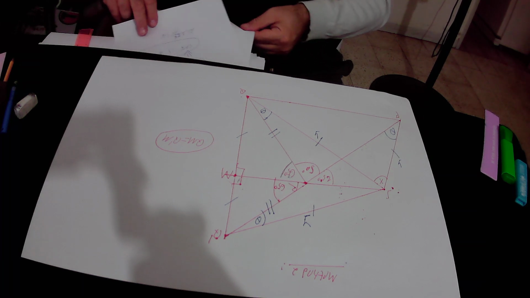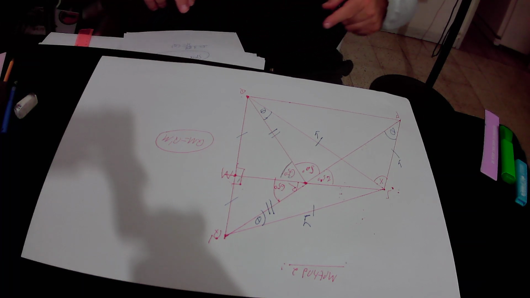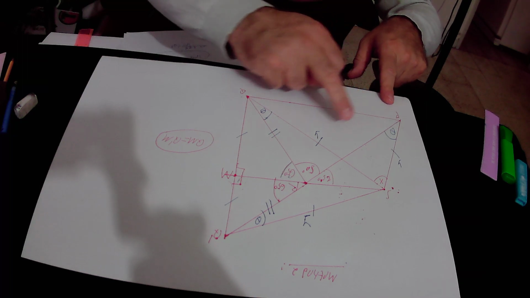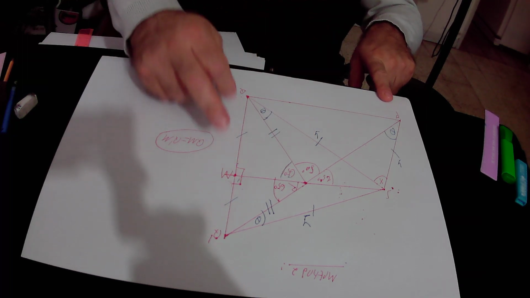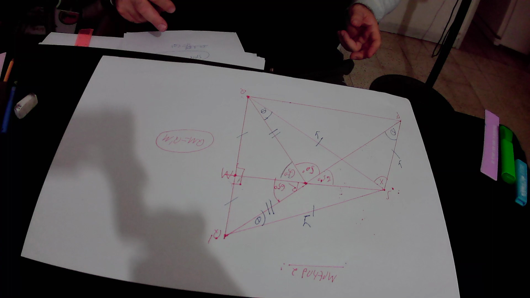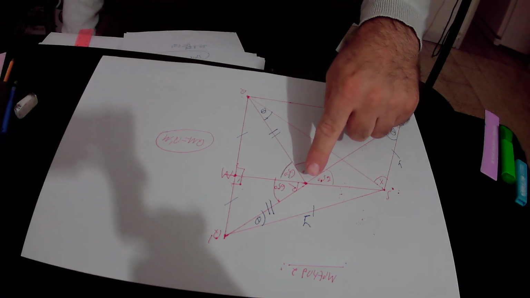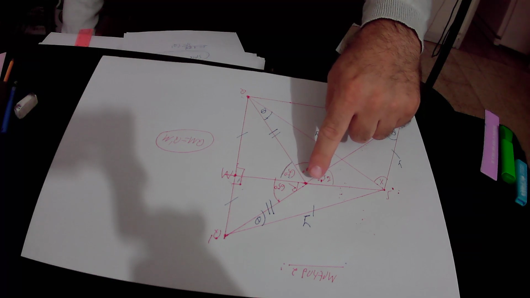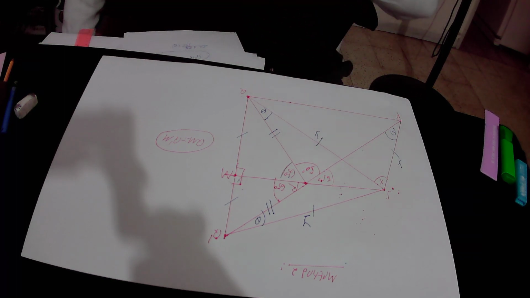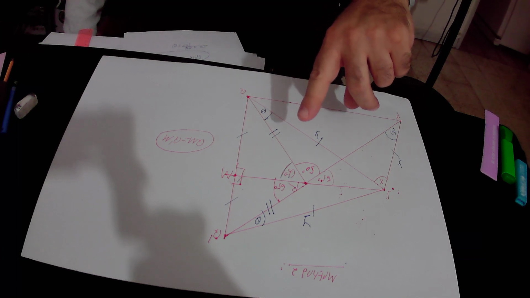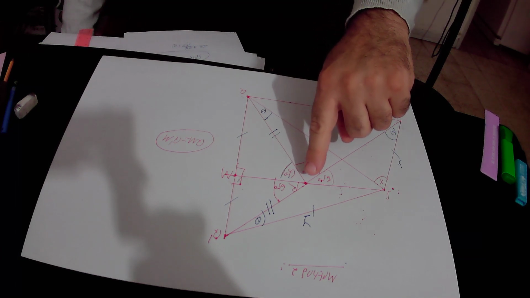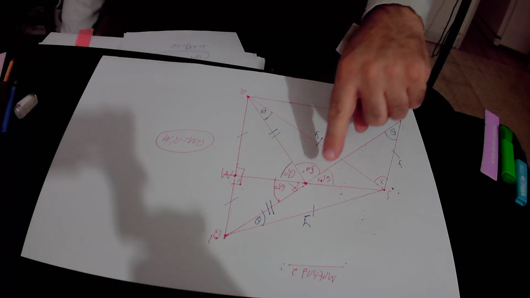Okay, then we proved that line segment PQ dash is a straight line. How we proved it? We proved that at point R we have 180 degrees, and we have the rule that the sum of the angles on the straight line equals 180 degrees. Therefore, actually PQ dash must be a straight line because at point R we have 180 degrees.